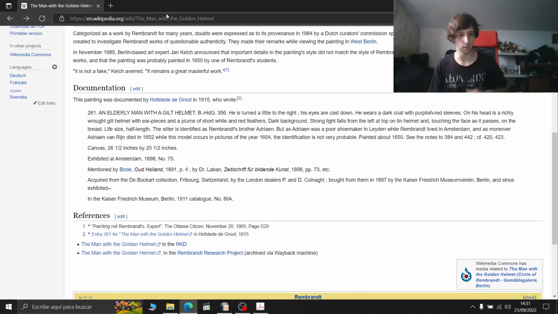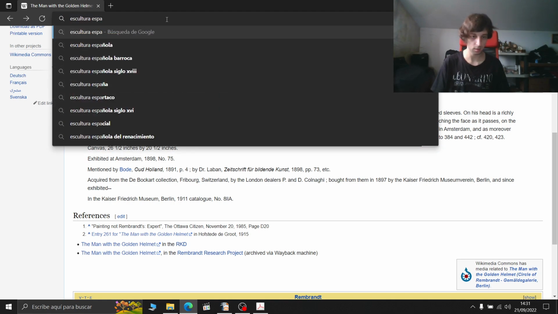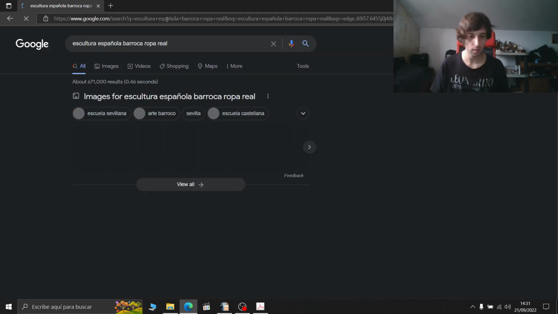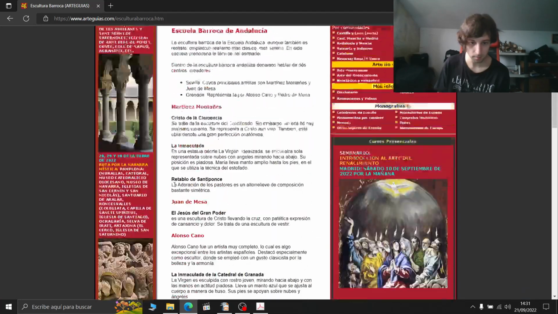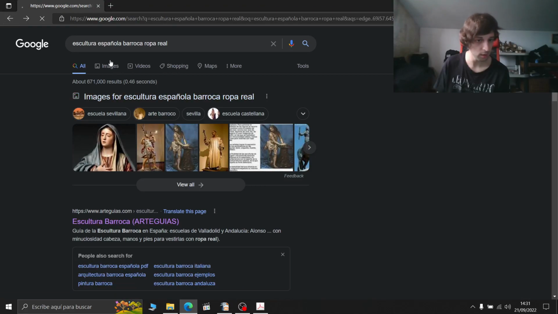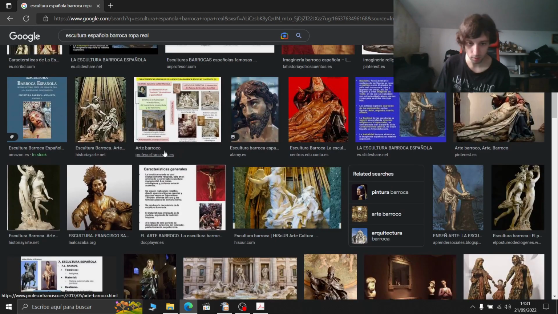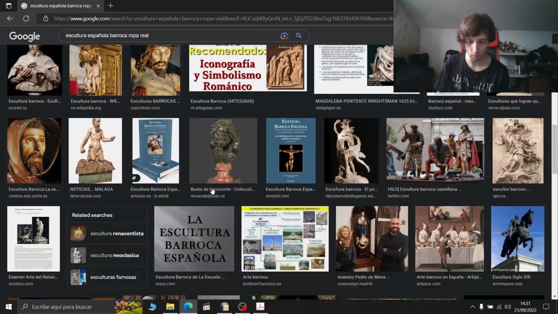Okay, I'm going to search. Let's see. I want to see if I can show how it is, the skeleton of the sculptures under the clothes. I don't know very well how to search.